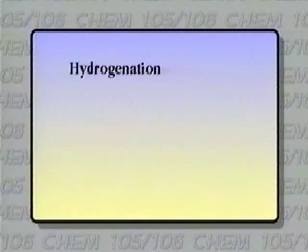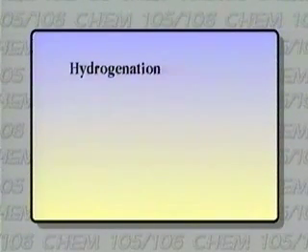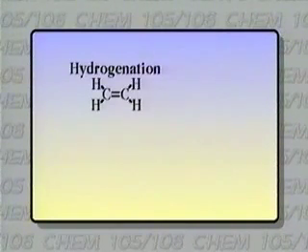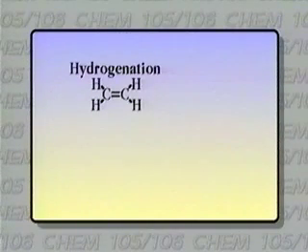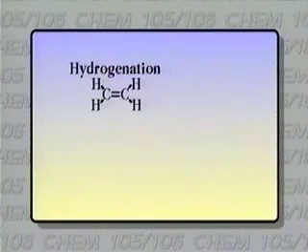And hydrogenation is adding hydrogen to unsaturated organic molecules. So if we have a hydrocarbon that has a carbon-carbon double bond or triple bond in it, and we just used this as our simple example the other day. So we have something like this. It is possible to break that pair of electrons apart, that bond, and if we do that, then we will end up with something that would look like this.